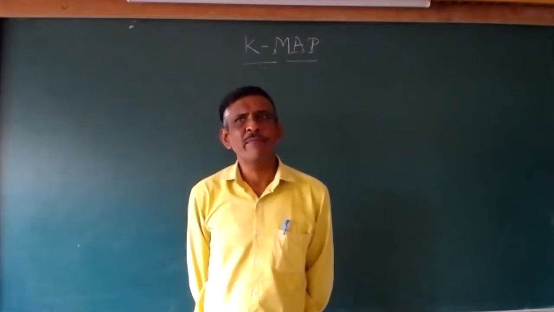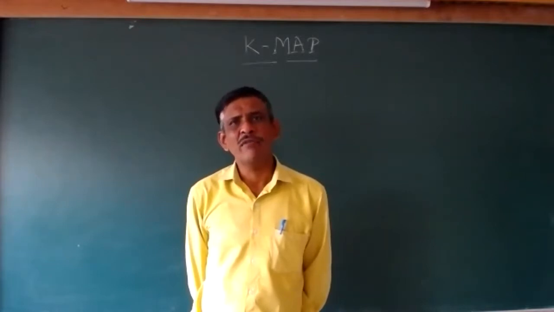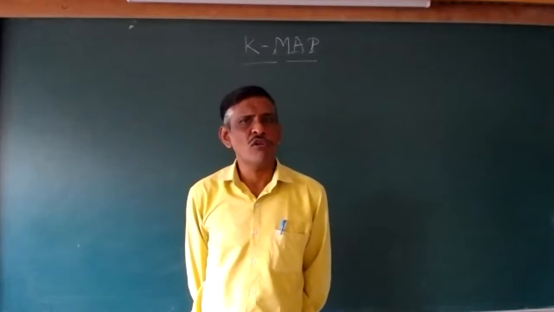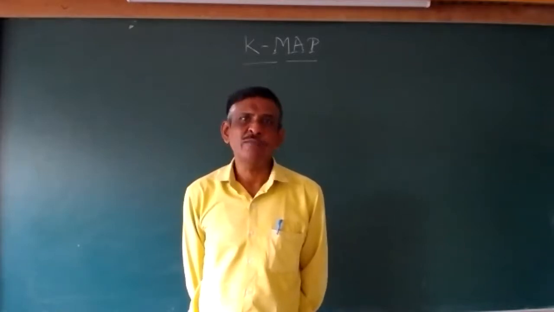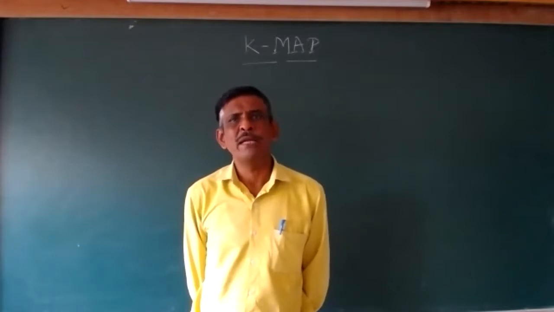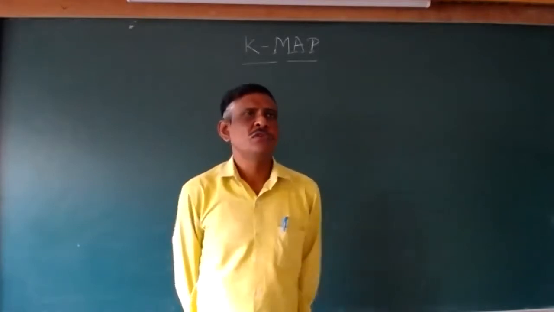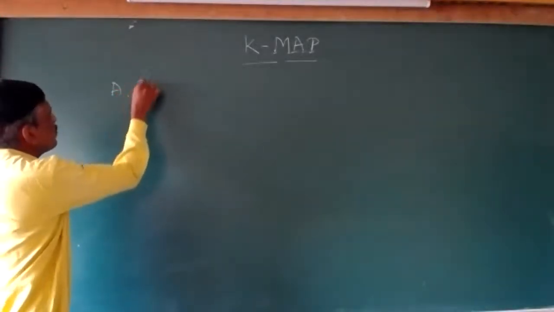In case of truth table, we use the same formula, but there we say the number of rows will be decided. But in case of Karnaugh's map, we decide the number of squares present in the K-map, depending on the number of variables. So assume that A and B are the 2 variables.